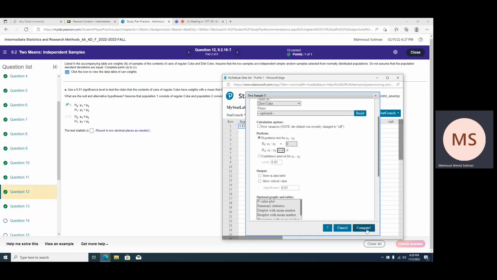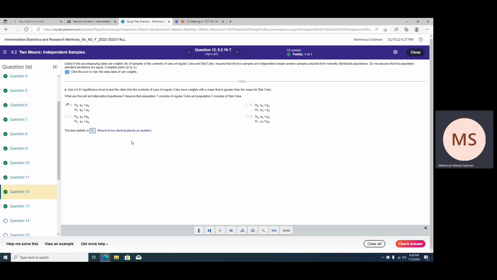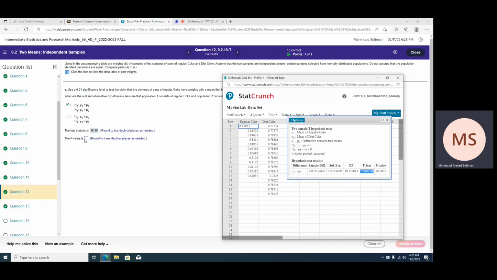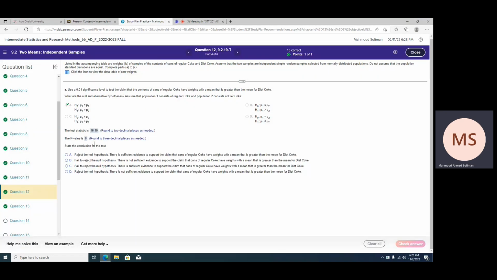So we put greater than, compute, t-stat, copy paste. The P-value is 0. Because 0 is always less than alpha, we reject. There is sufficient evidence.